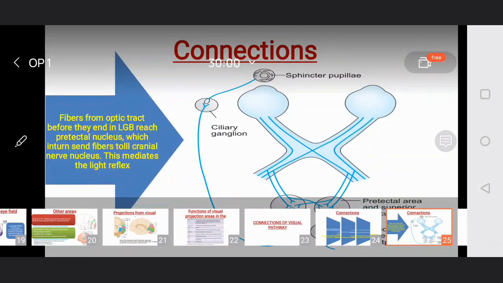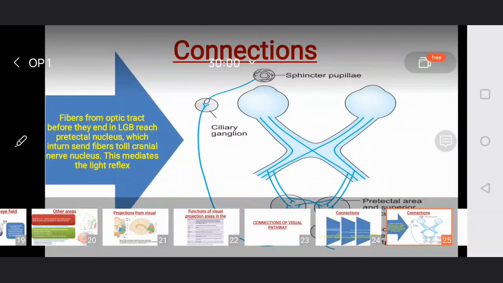And here you can see in the picture, fibers from the optic tract, before they end in the lateral geniculate body, reach the pretectal nucleus, which in turn sends fibers to the third cranial nerve nucleus, which mediates the light reflex.